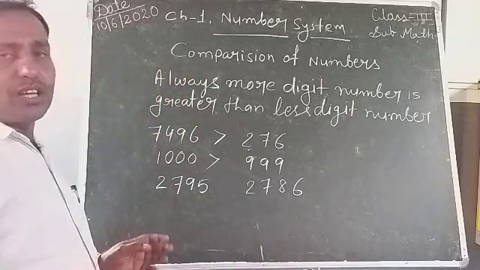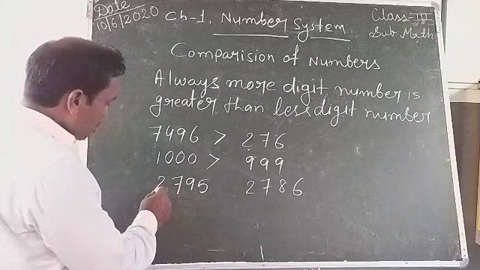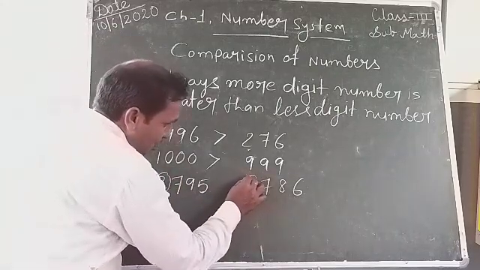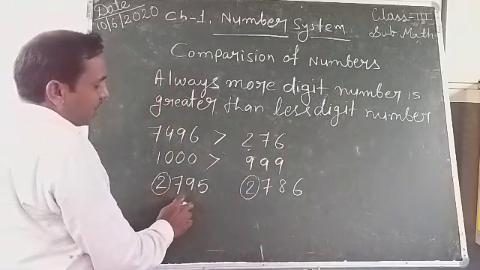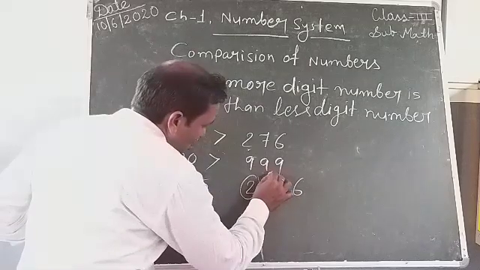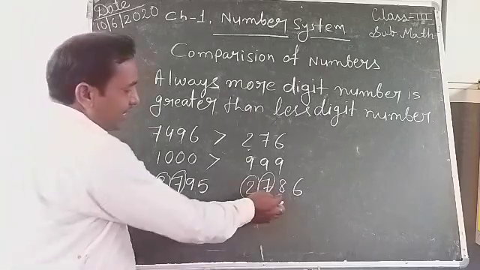You compare both numbers' left side digits. First this 2, you compare with this 2, and on this side also 2, equal number. Again 7 you compare, these are also equal numbers. It is 7, it is also 7. Next, third number is here 9 and this side 8.